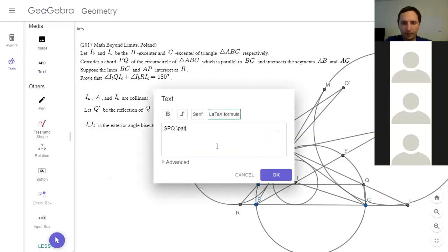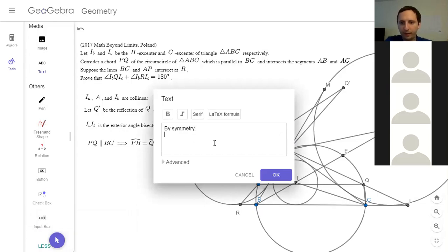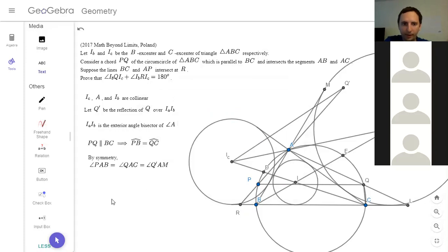PQ is parallel to BC, means that arc PB is equal to arc QC, and so by symmetry angle QAC is equal to angle Q prime AM, or also say angle PAB is equal to angle QAC, which is equal to angle Q prime AM, and that means that Q prime A and P are collinear.